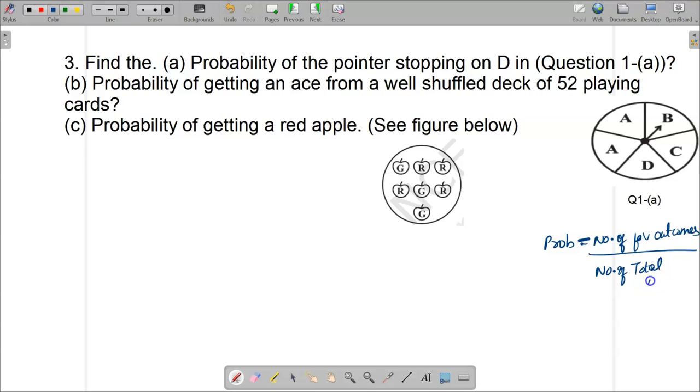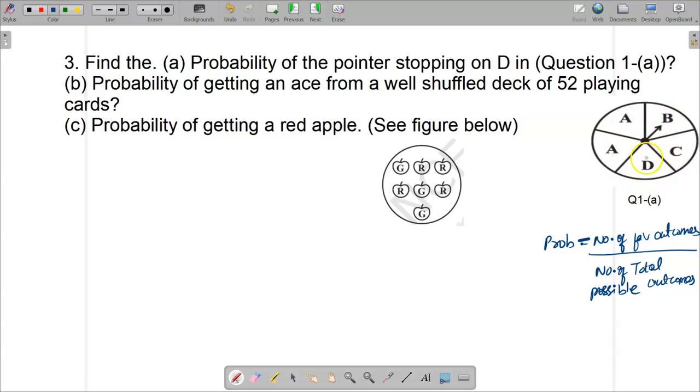So they are not asking for just the outcome, they are asking for probability: number of favorable outcomes by total number of possible outcomes. What are the favorable outcomes? They are saying the probability of the pointer stopping on D. So this is question number 1A option, right?